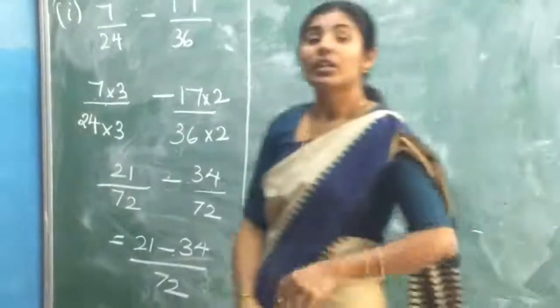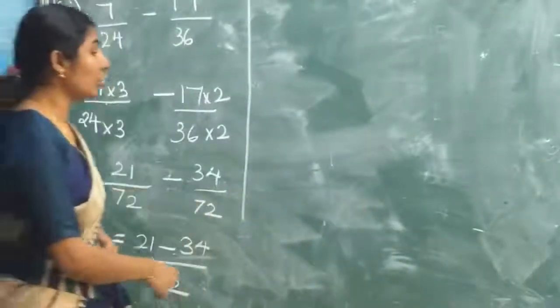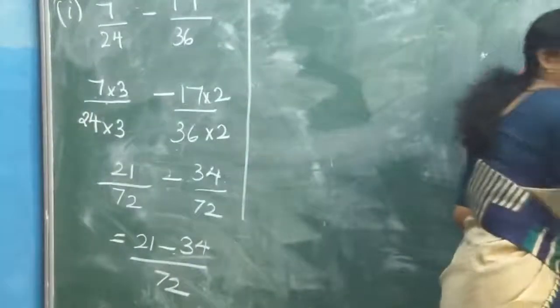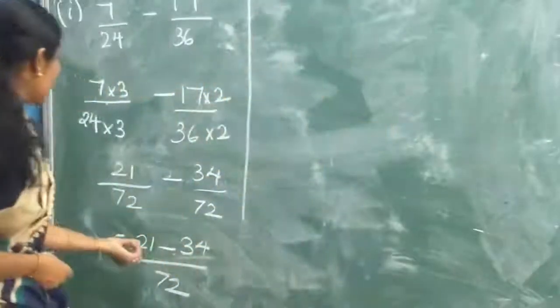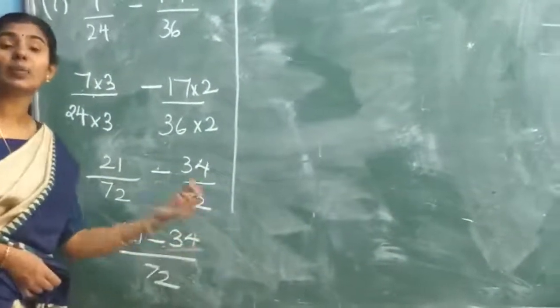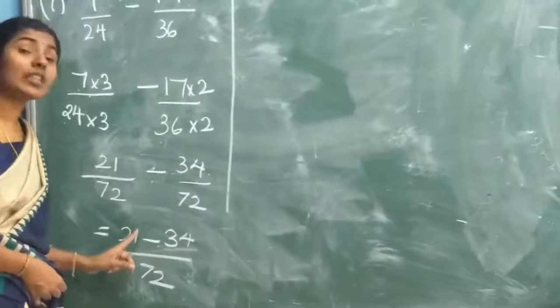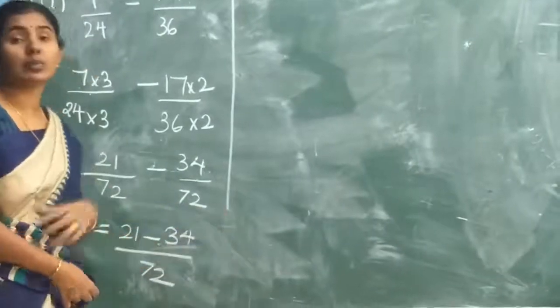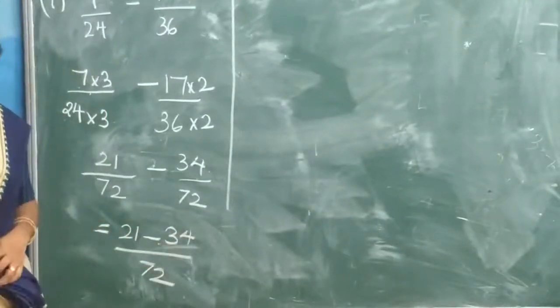Now we see 21 minus 34. That means from a smaller number you are subtracting a larger number. So how to do the subtraction?